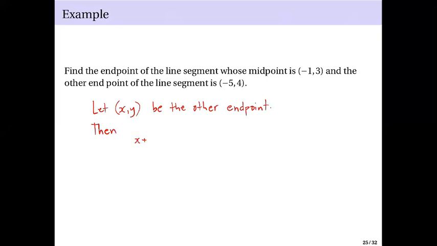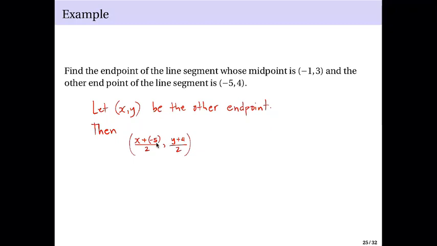This is the other endpoint of the line segment. So x plus negative 5 over 2, comma, y plus 4 over 2.